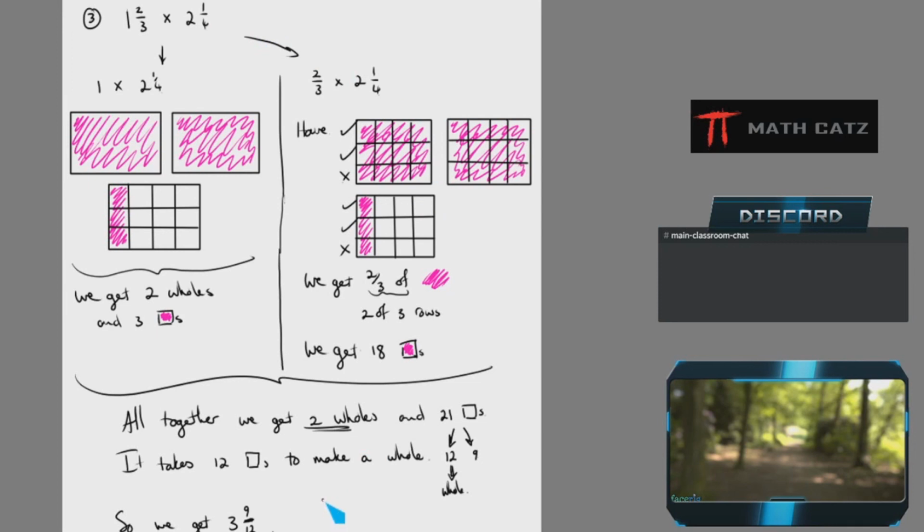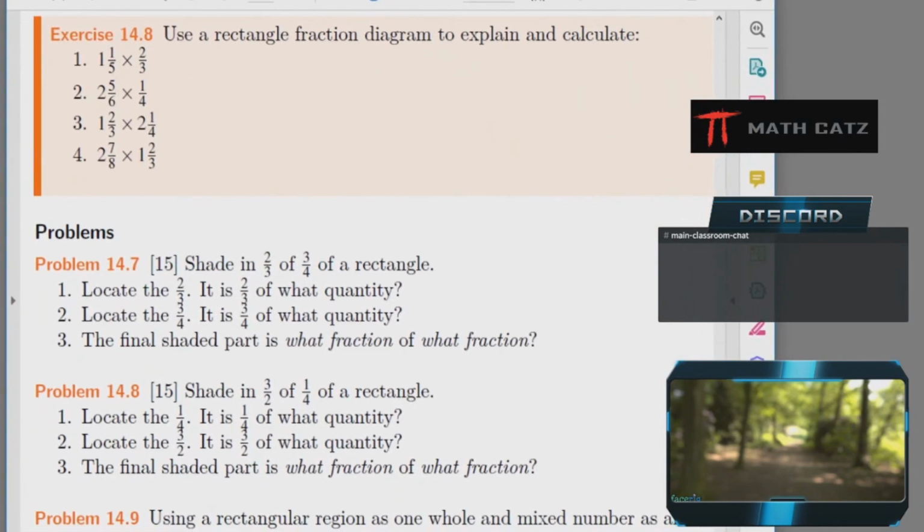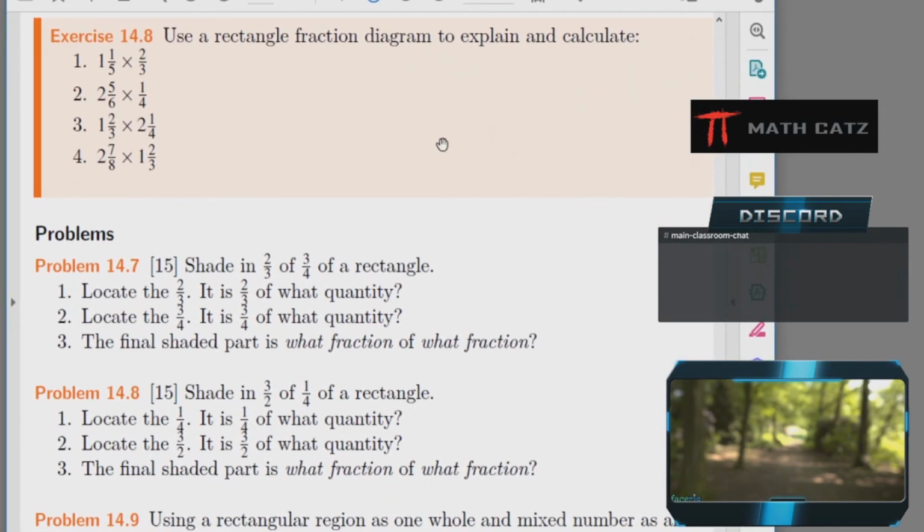Now, feel free to correct me, but with this being so similar to what we've done before, I don't necessarily think we need more practice. It just takes time to split it up and draw carefully and so on, especially with the mixed numbers, especially with the bigger denominator.